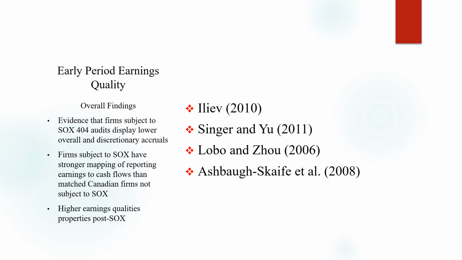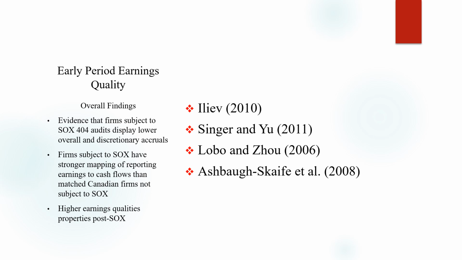And there's a series of papers which mainly came from around 2006 through 2011 looking at this very question right here. So if you look at the Iliev 2010 paper, that's probably a very good study to think about if you want to think about how Sarbanes-Oxley has impacted earnings quality.